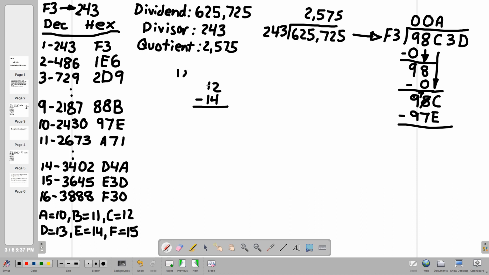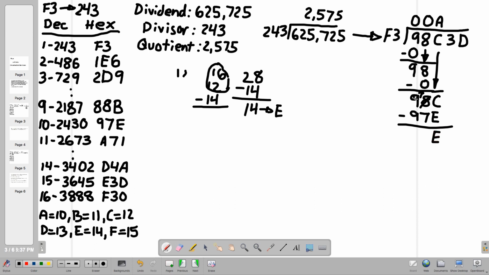And so when we borrow, we're really adding 16 and 12 together to subtract 14. When you add 16 and 12, you get 28 minus 14 is the new subtraction. And when we subtract 28 minus 14, we get the value 14. But we said in hexadecimal that is represented by the value E. So E goes here.